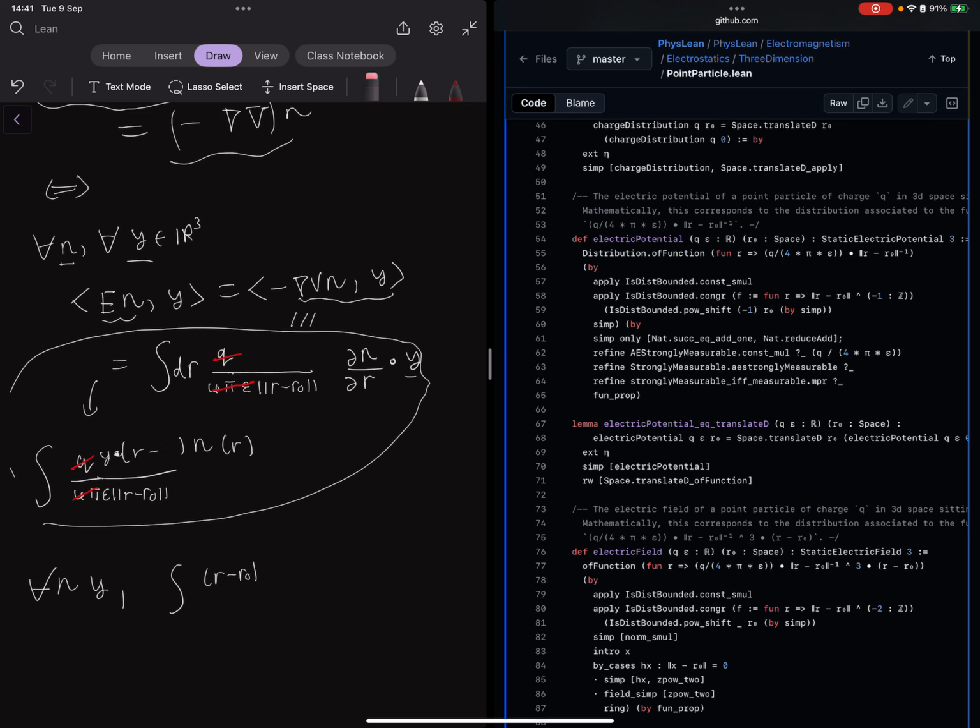I've also set R0 to equal 0, so we don't have these R0s, which makes our lives a lot easier.